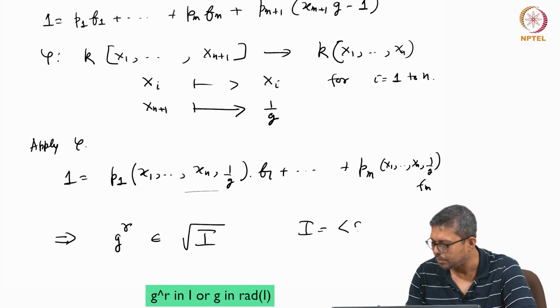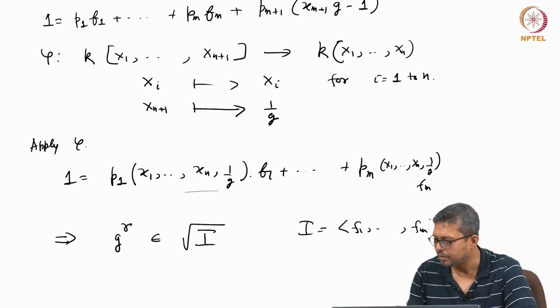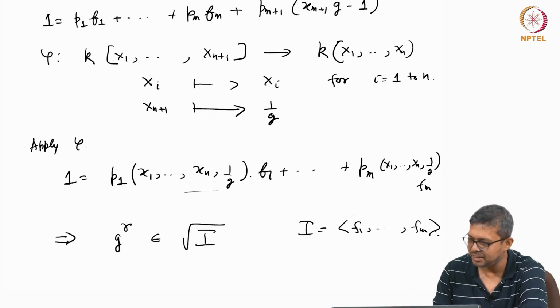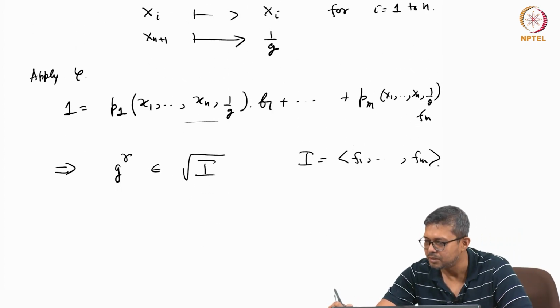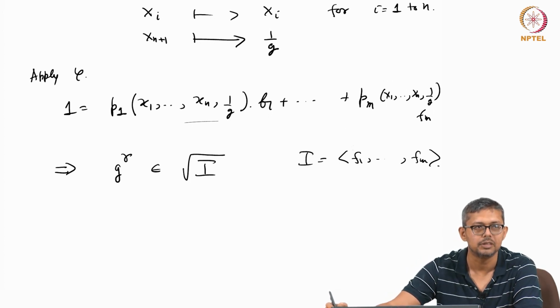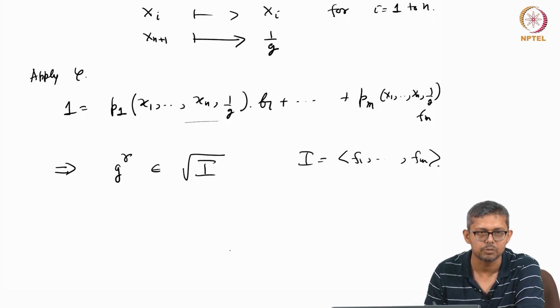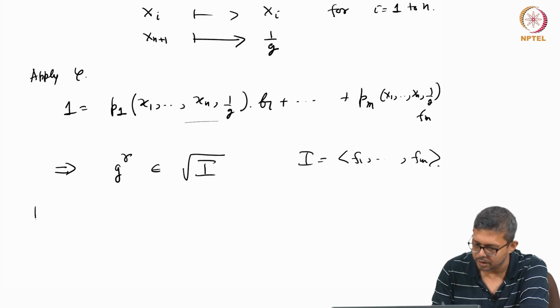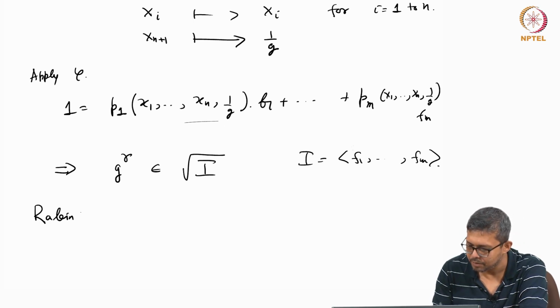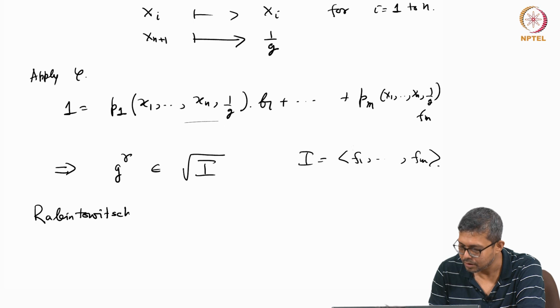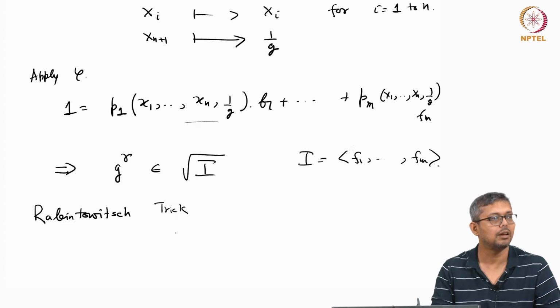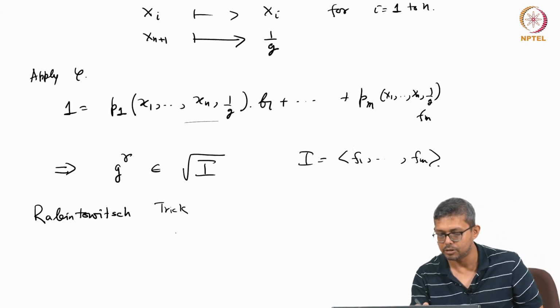I is the ideal generated by f1, ..., fm. I will write down the name of this person because it is a very nice proof of the Hilbert Nullstellensatz, which is a very basic theorem. It is not very easy. There are many proofs in many books, but this is probably the easiest proof. This method is known as the Rabinowitsch trick.